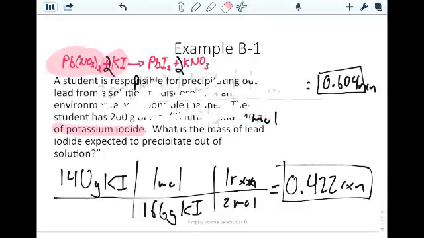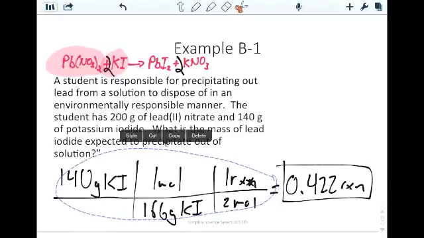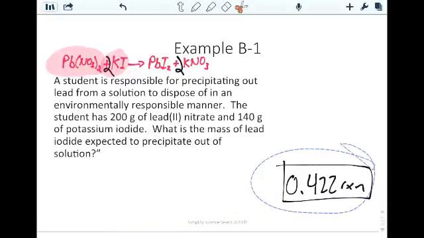So we don't even need this portion right here, because all we're looking at is just the product produced. So that 0.422, that's what we're going to start with when we're trying to find the mass of our product. So we'll start with that number.